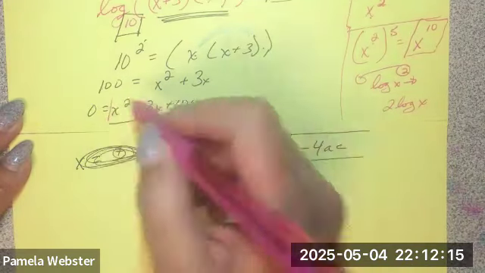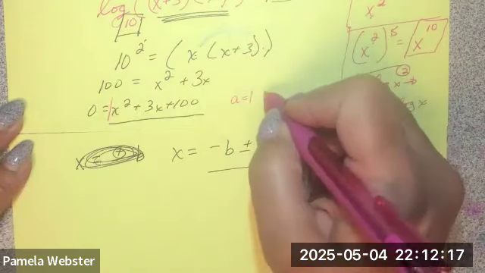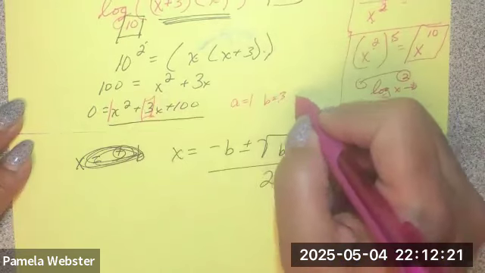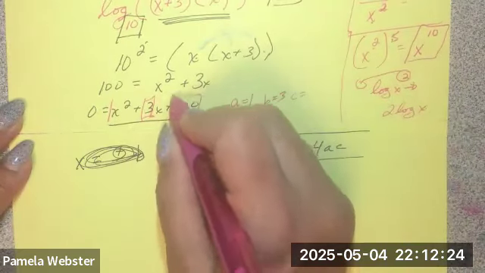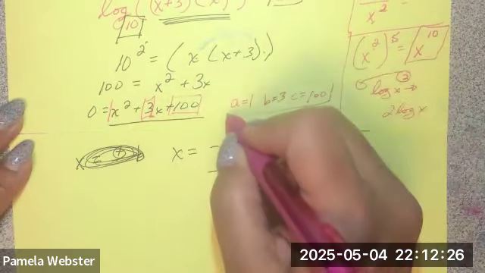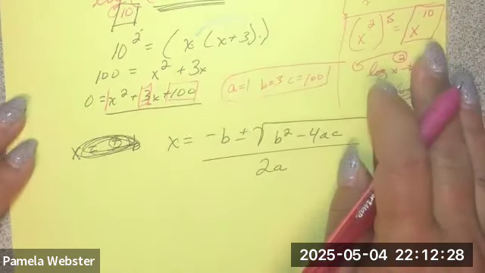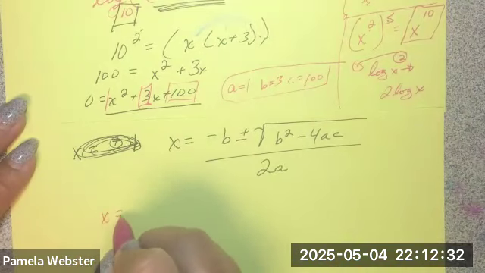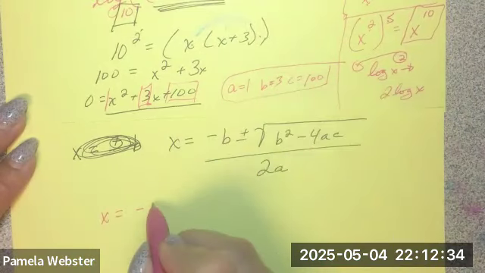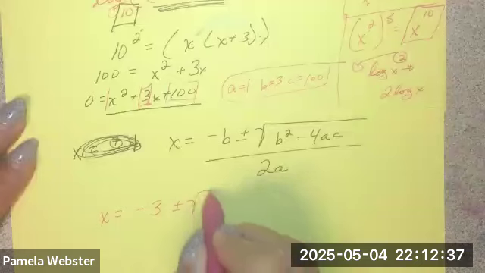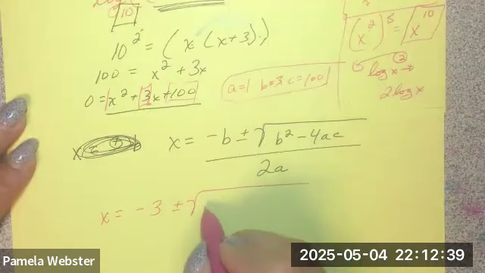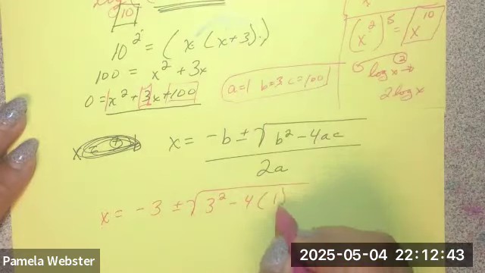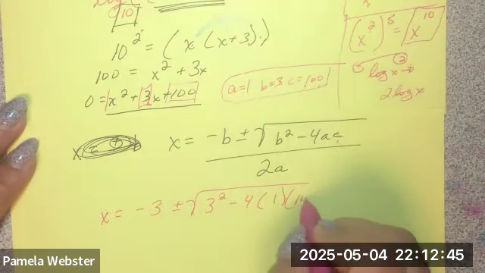Okay, what's my a? There's really a 1 out there, right? a equals 1, b equals, what's my b? 3, and c equals, what's my c? 100. And again, hopefully you can do it just that fast. x equals negative b, negative 3, plus or minus the square root of b squared, 3 squared, minus 4 times the a, which is 1, times the c, which is 100.